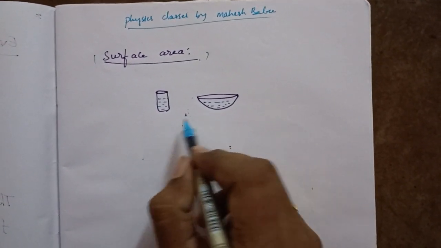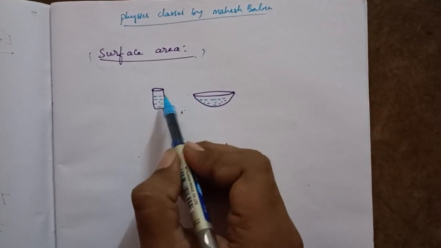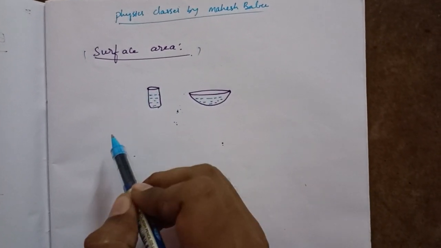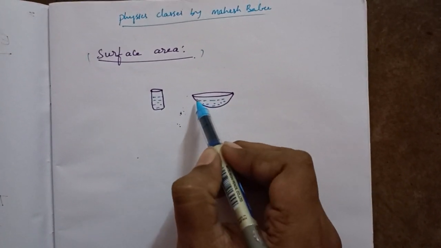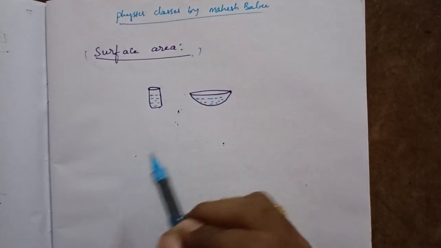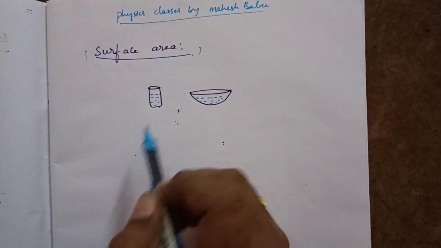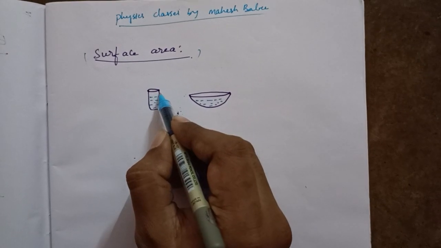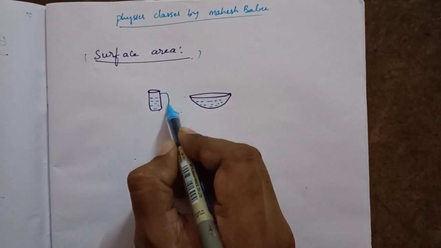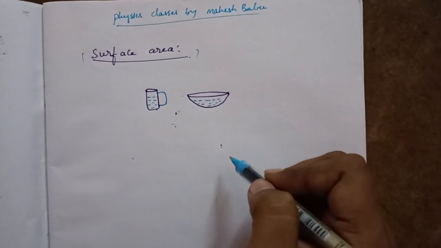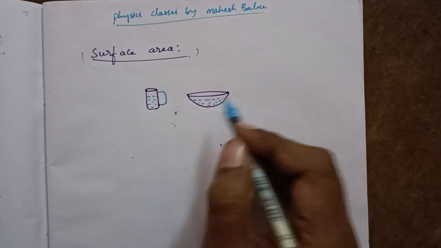For that we need two dishes. One has less surface area, another has more surface area. Either we can take a cup and saucer.